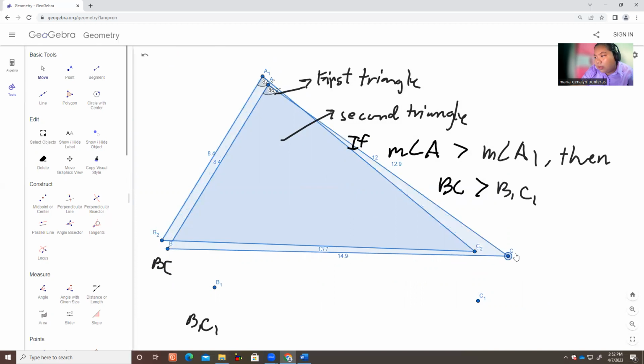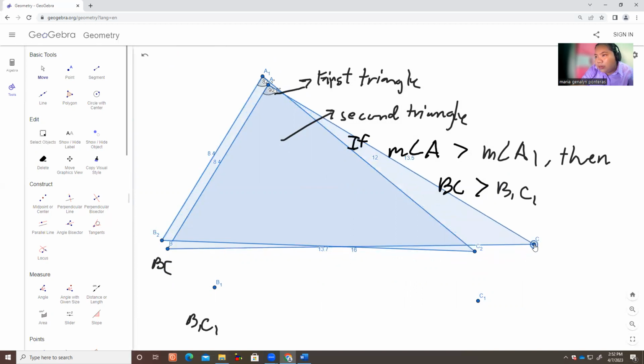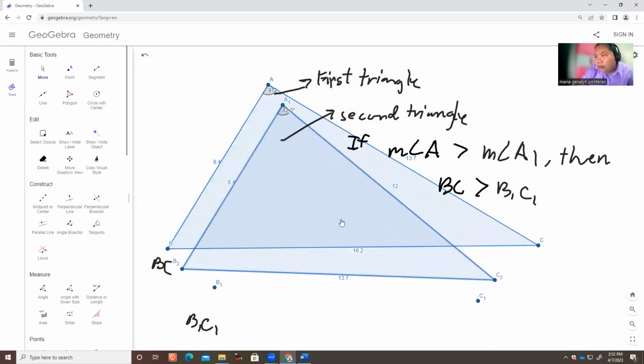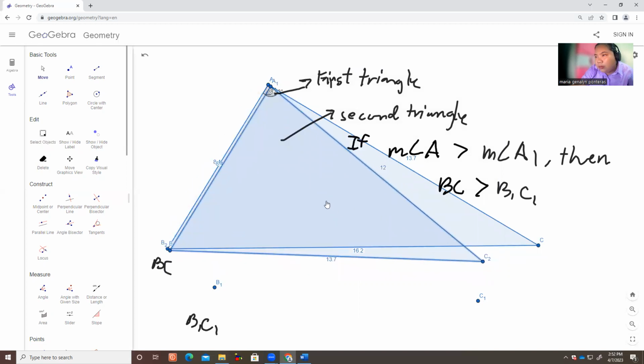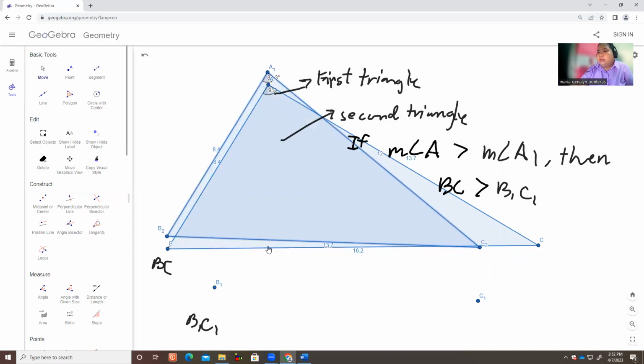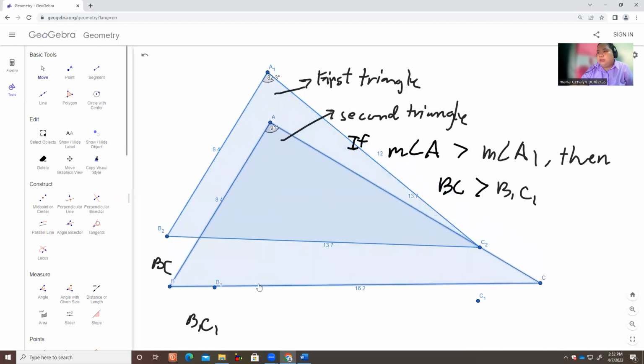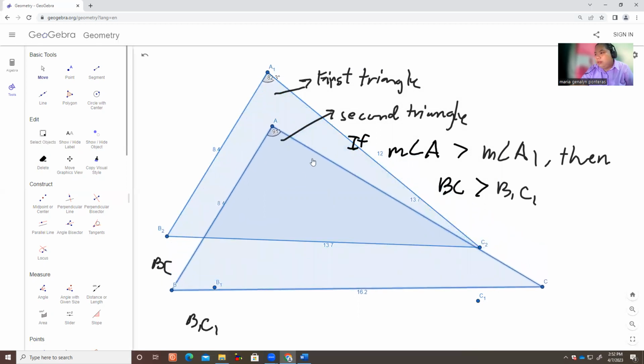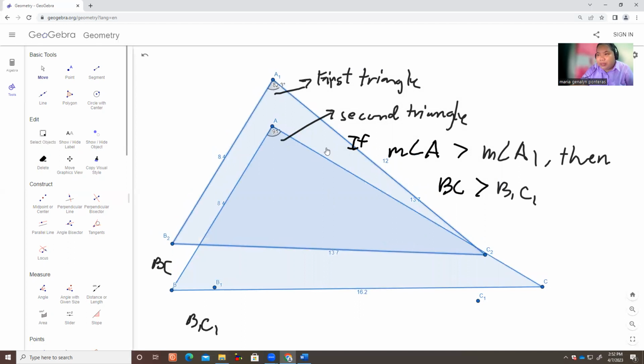Sige, what if ito ang gagalawin ko? Ayan. What if ito na lang ginalaw ko, di ba? Okay. So this is your first triangle. And that so happen, this is your second. Ayan. Minove na lang natin para mas mabilis. And this is your second triangle. Ayan. Burahin natin yung iba.